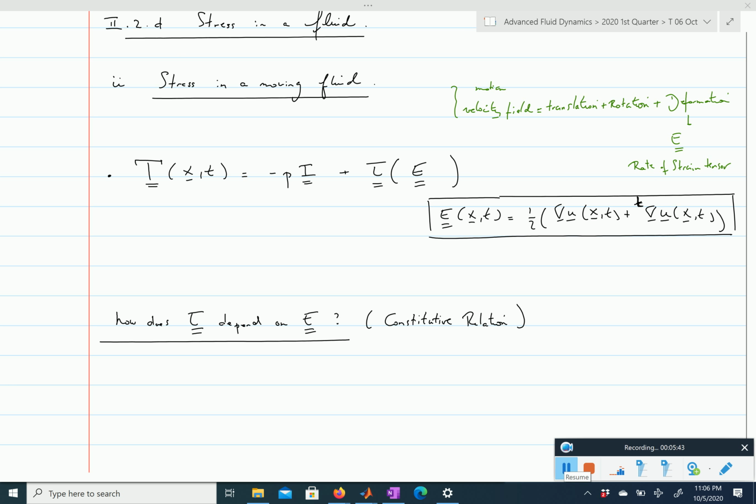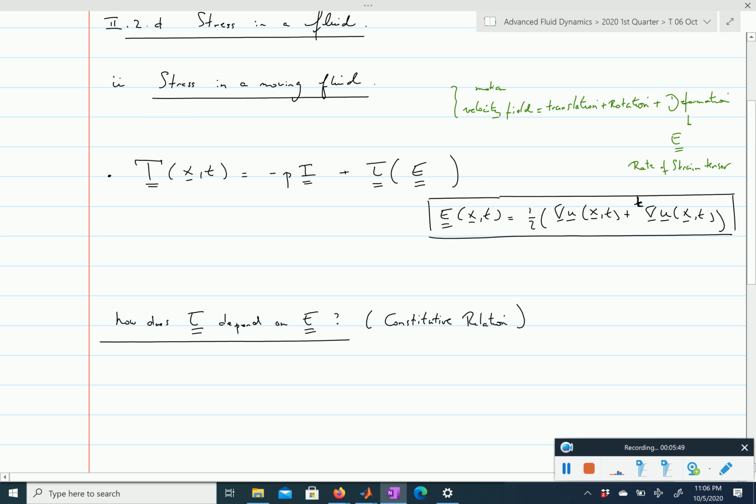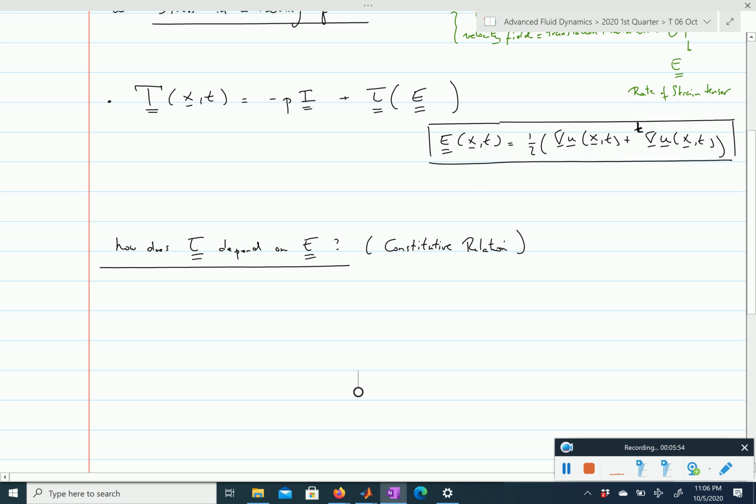And so for a fluid, to think about how those two relate, you have to use your intuition, and you already have some experience with fluids. So think about the simple experiment that we saw last week, when you simply shear a sample.